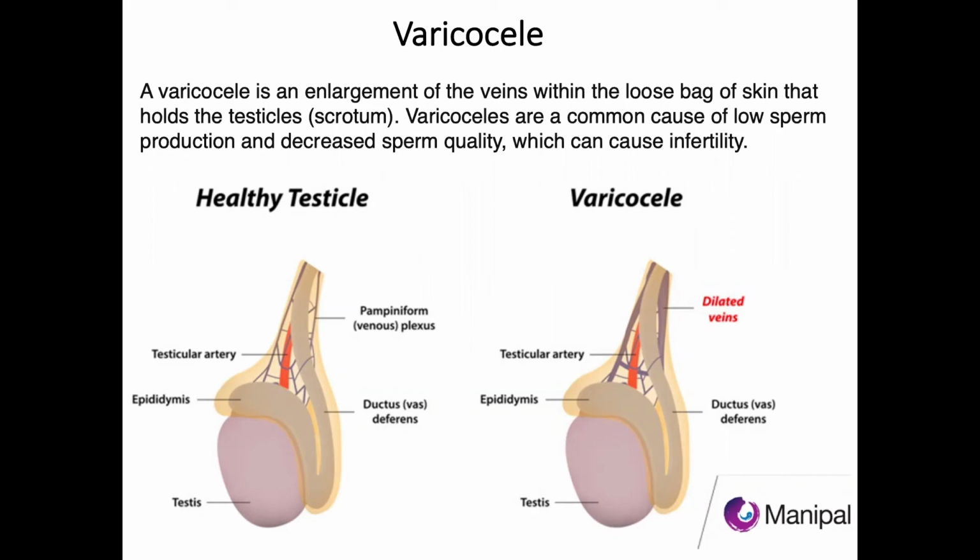Varicoceles often produce no symptoms but can cause low sperm quality, leading to infertility. The good news is that if symptoms arise, varicocele is treatable and most cases can be corrected by surgery. This problem is very common and has more than 3 million cases in the United States every single year, right?